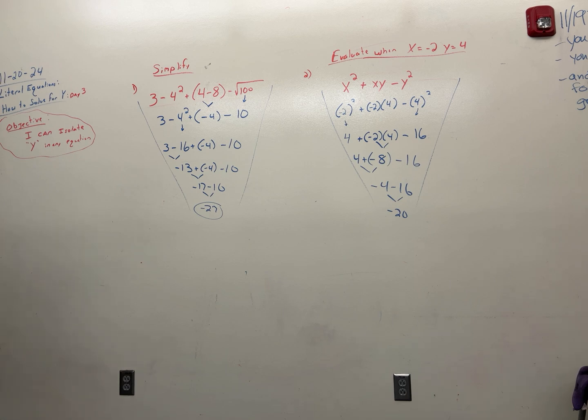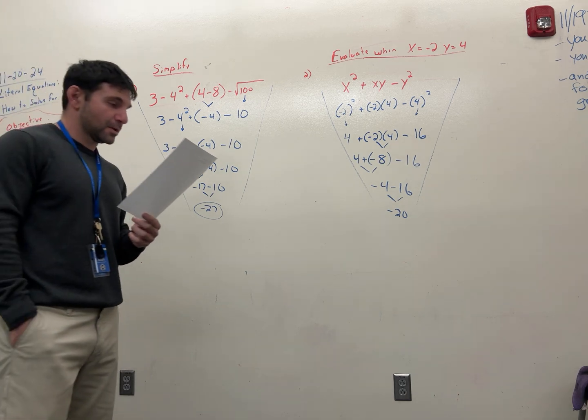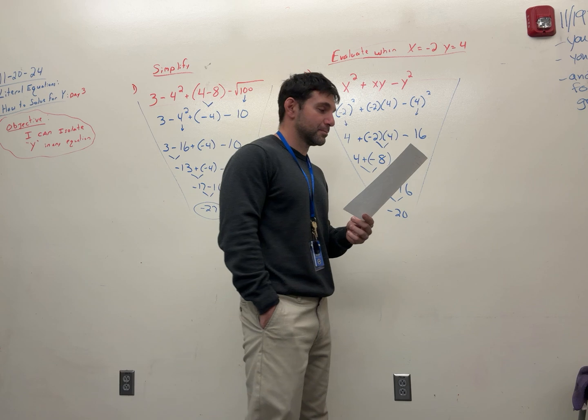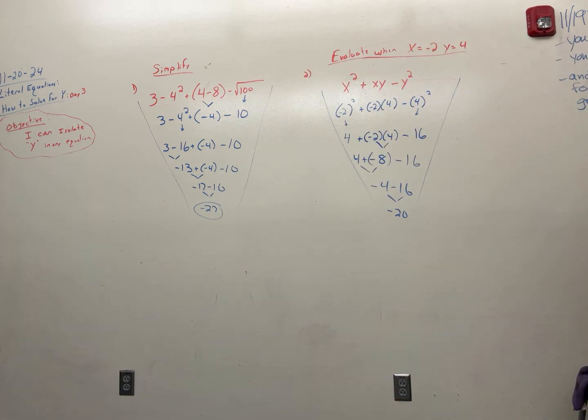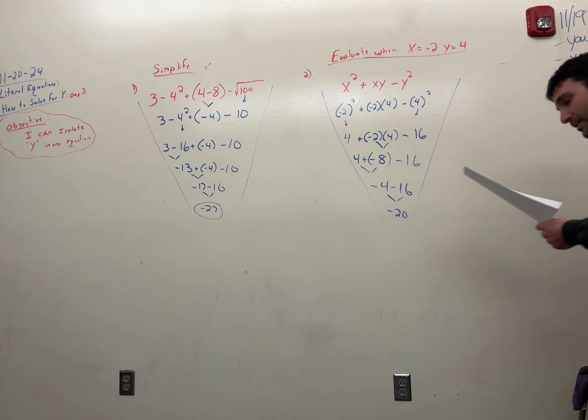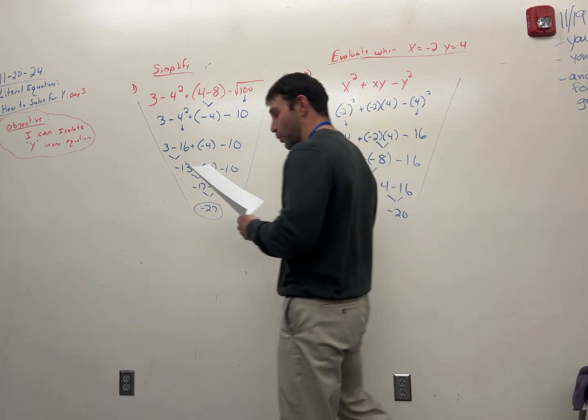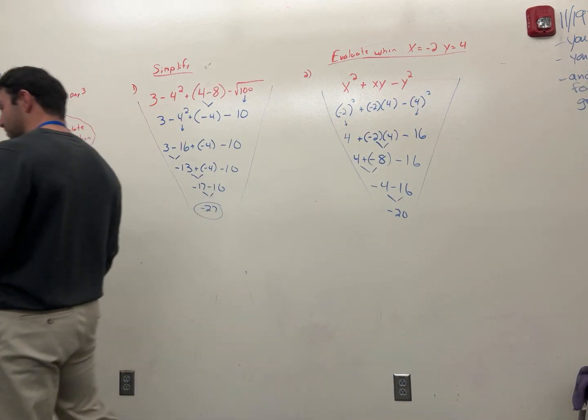Number 7, y equals 3x minus 3. Number 9, y equals negative 9/5 x plus 7. Number 11, y equals 1/6 x plus 2.